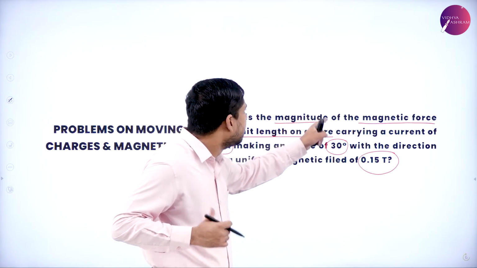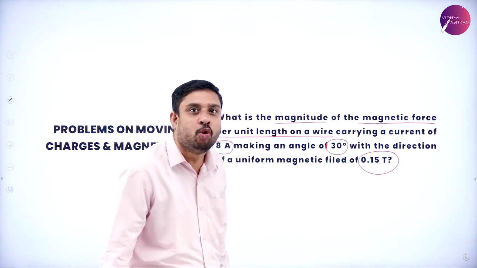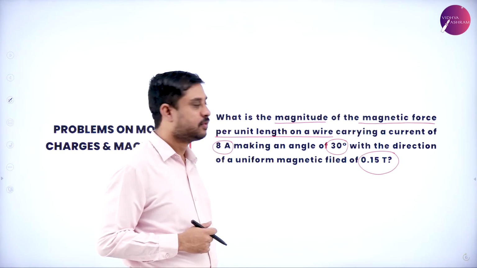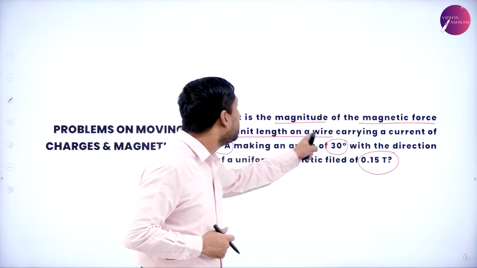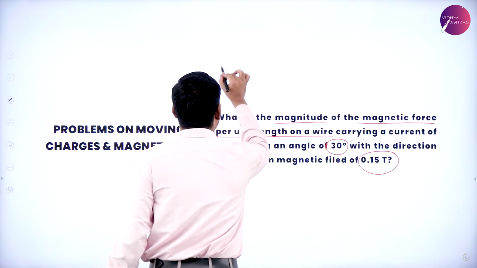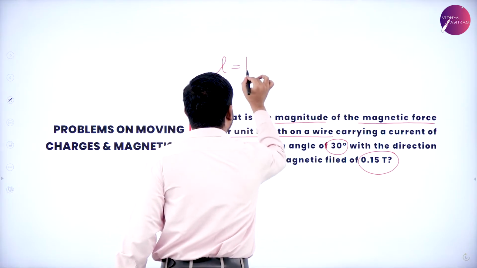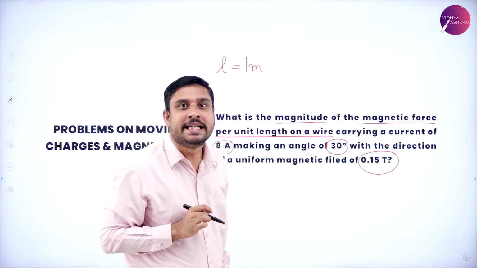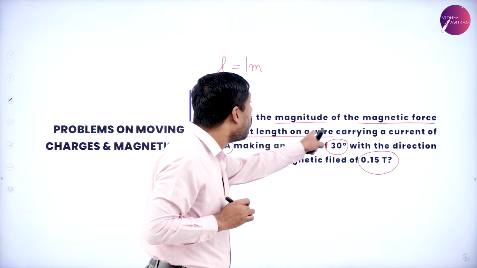What is the magnitude of magnetic force per unit length? So length is 1 meter, per unit length of a wire.